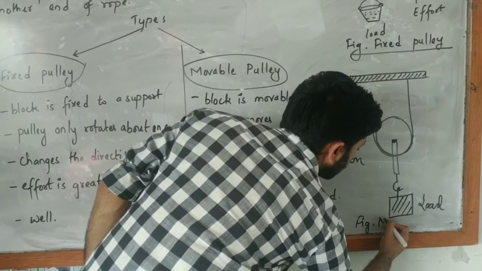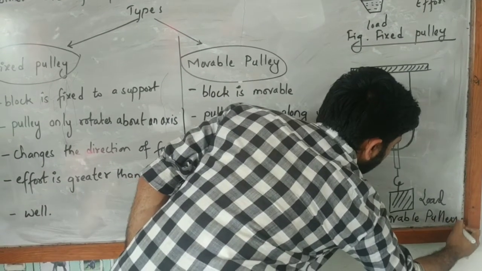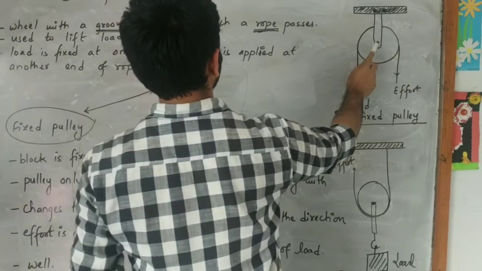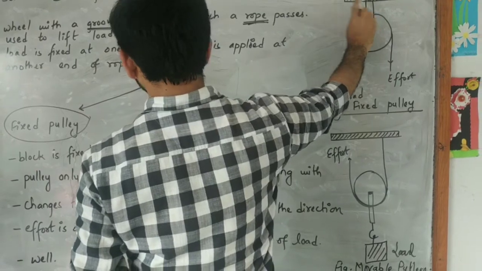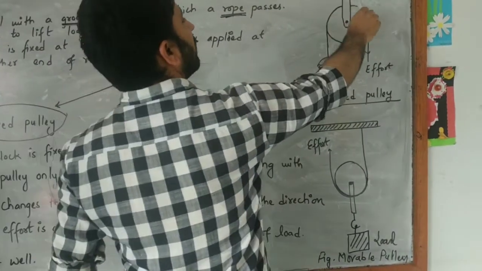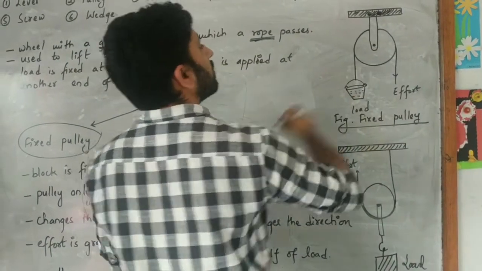This is the movable pulley. In the fixed pulley, the block is fixed to a support, and while lifting the load, the pulley rotates. Pulley just rotates about an axis.